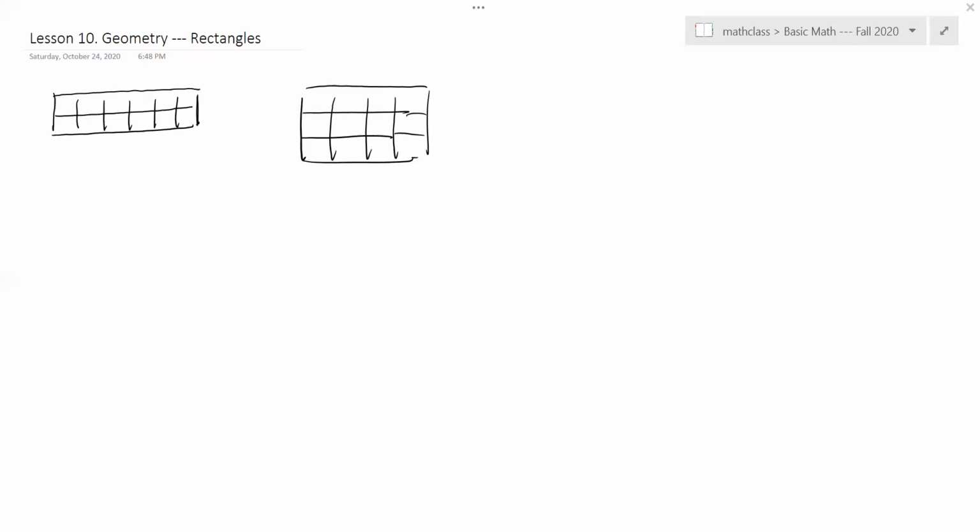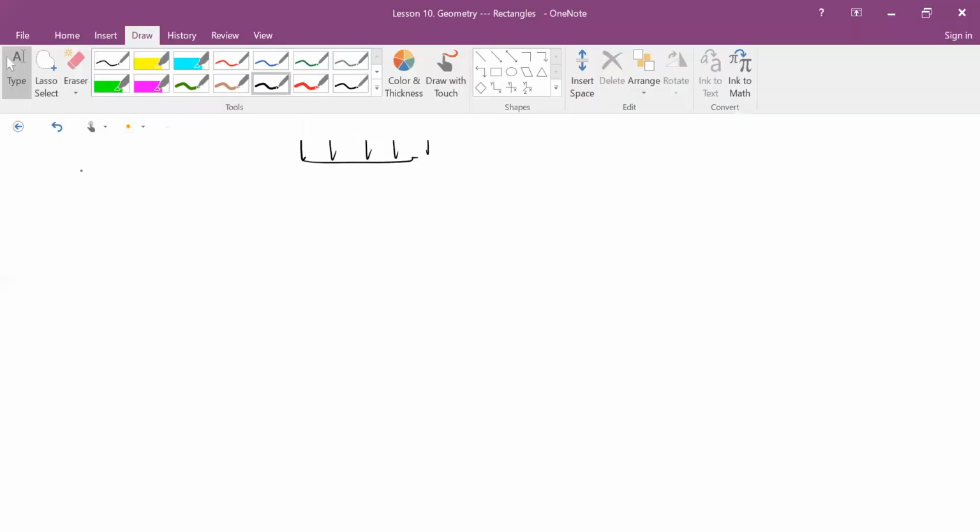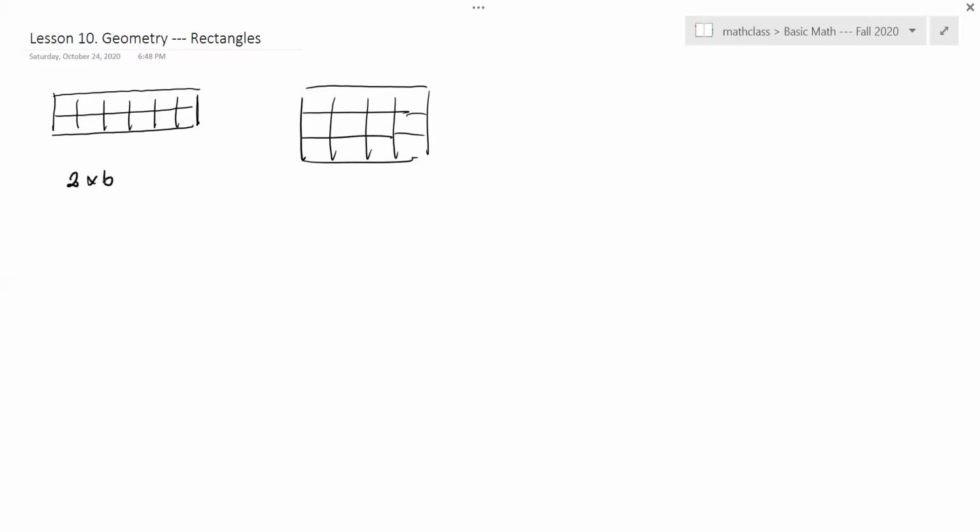Well, you just look at both sides. If you view the first one, there are two rows. In each row there are six squares. So 2 rows, 6 squares, then the number of squares is 2 times 6, which is 12.